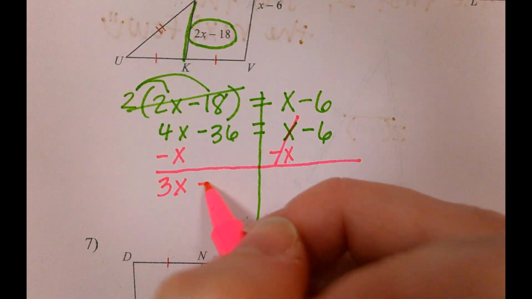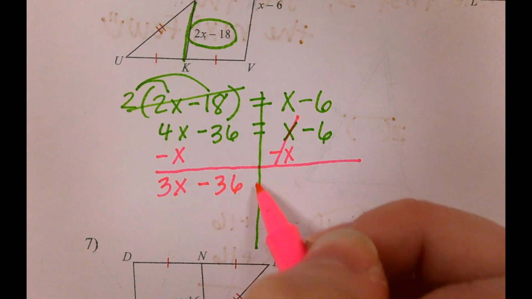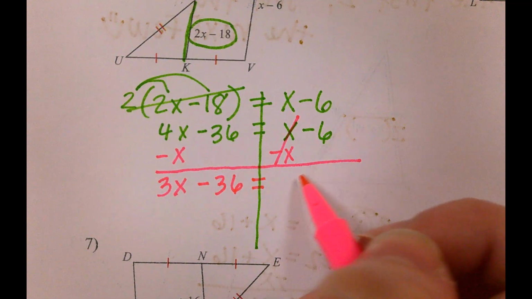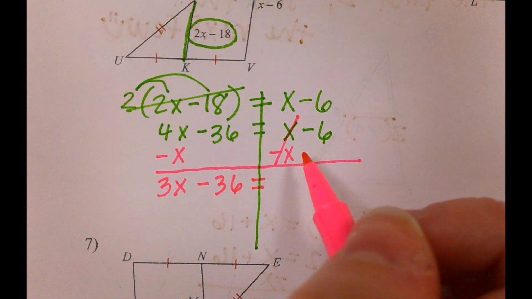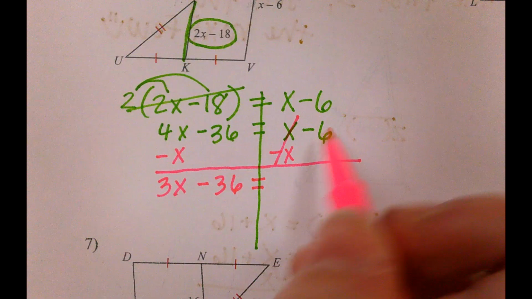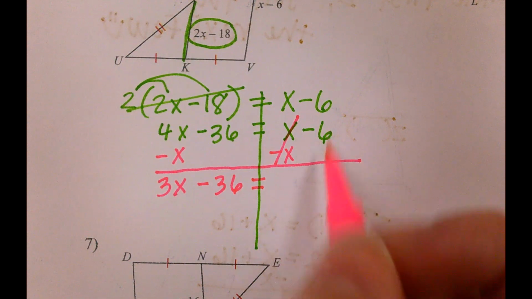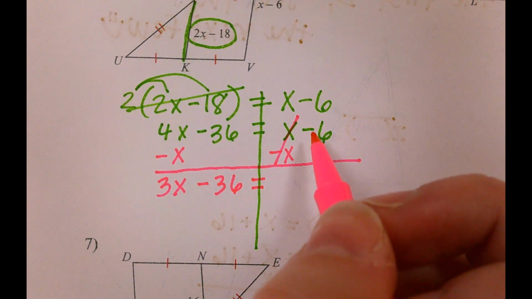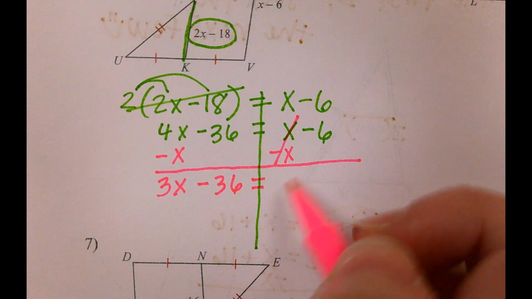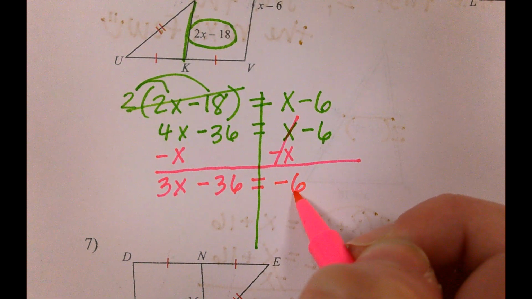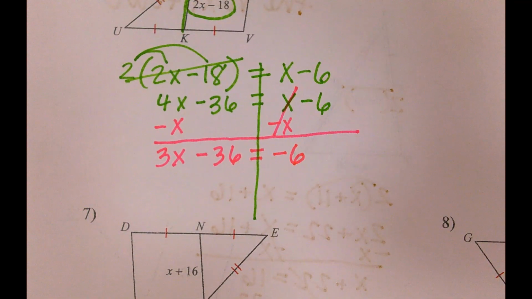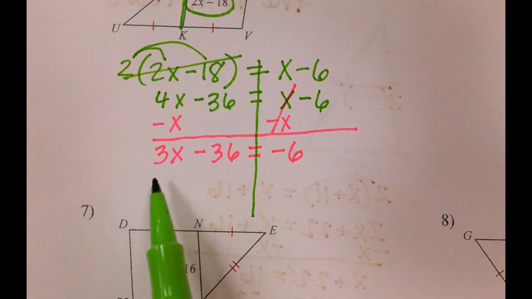Bring down minus 36 equals. Yes, this one is where I would probably see the most mistakes, because that minus 6, don't just bring down the 6. It's minus 6 or negative 6. Bring that negative down. Then you add 36 on each side. Yes. So once we've brought that all down, I know that all my x's are together.